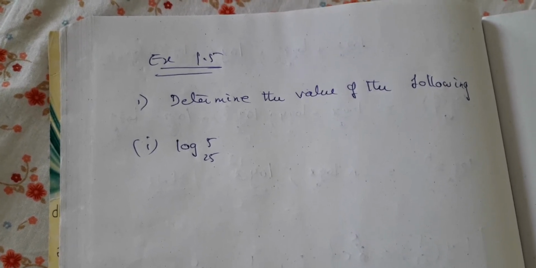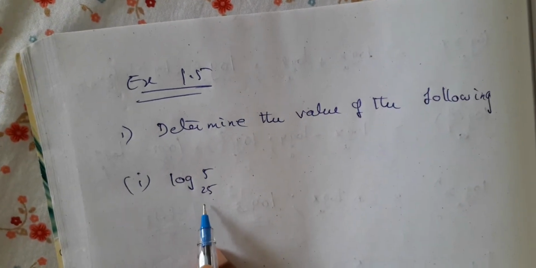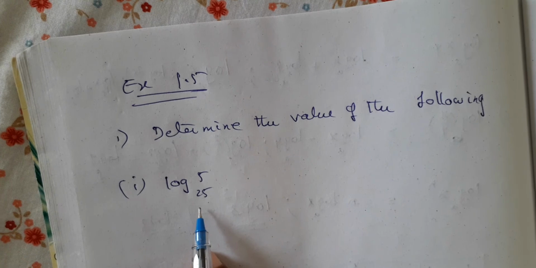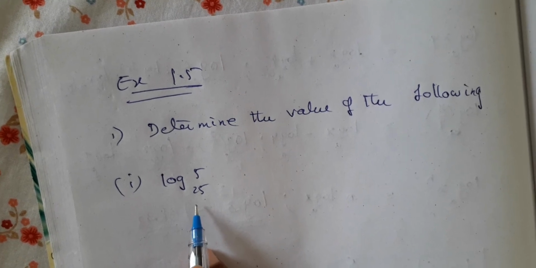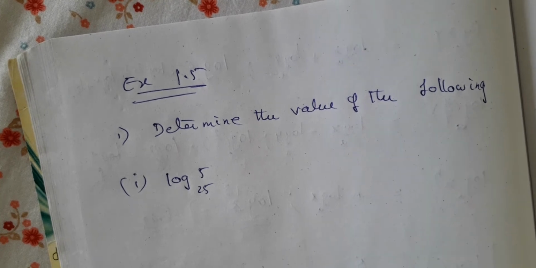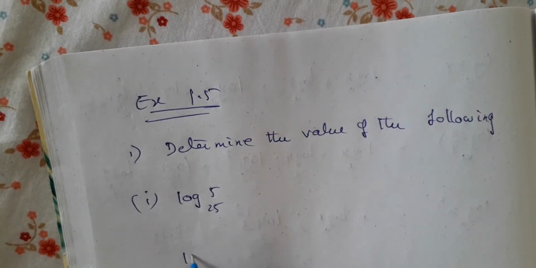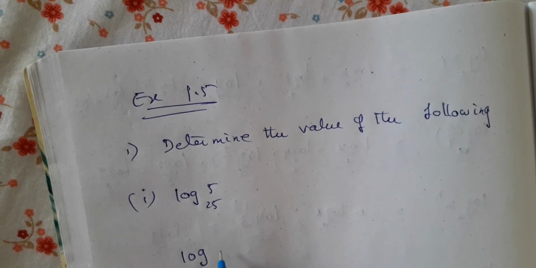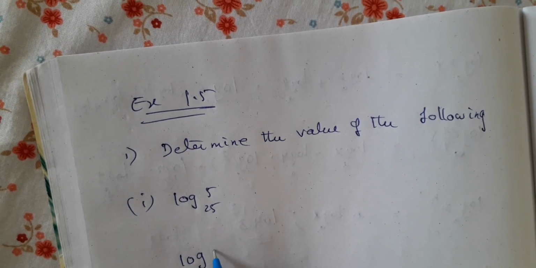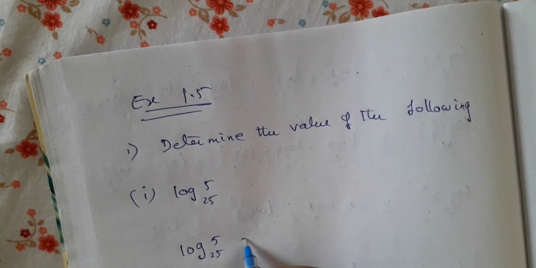Right, determine the value of the following. So what is the first one? Log 5 base 25. So you are going to write log 5 base 25 is equal to some x.